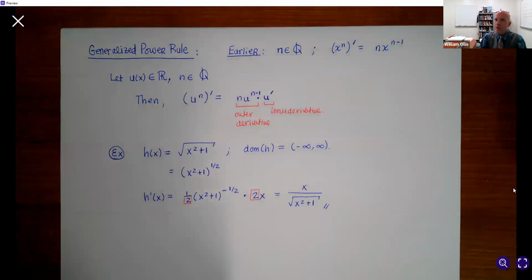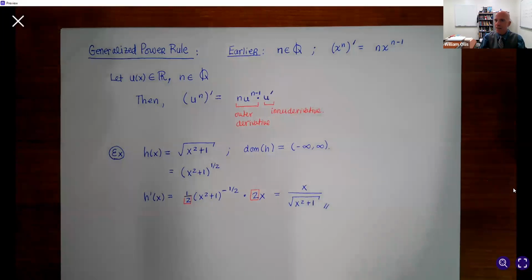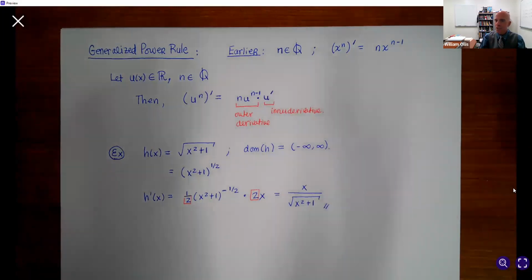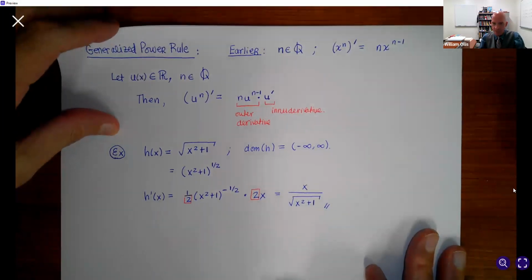So very, very powerful result. It is an essential result. And when you do the STEM, mathematics, the science, the engineering, it's a cornerstone of the theory of calculus. So let's look at some examples.